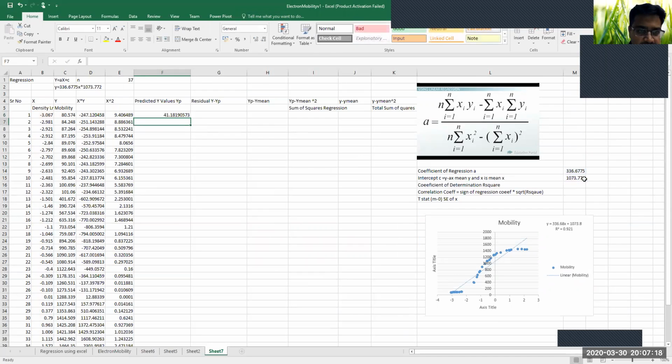Okay, so we get the predicted value. Then we need to calculate residual, which is y minus yp. So which is equal to y value minus predicted value. So we get the residual value. Now we'll keep both the columns down.